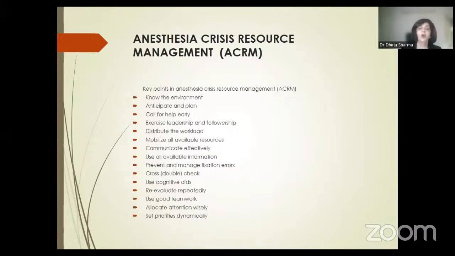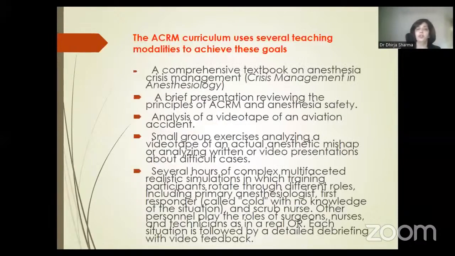The trainee is taught to call for help, exercise leadership and followership, distribute the workload, mobilize all available resources, communicate effectively, use all available information, prevent and manage fixation error, double check, use cognitive aids, re-evaluate repeatedly, use teamwork, and allocate attention wisely. So you can quickly see that when ACRM training is given, the trainee becomes a much more effective clinician in responding to real-life situations.